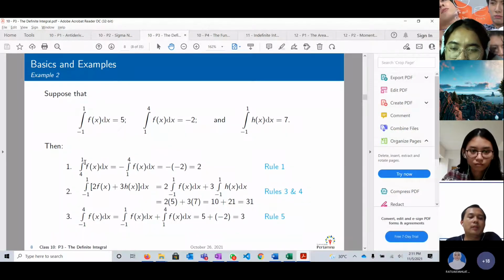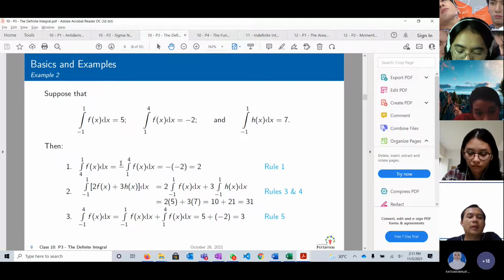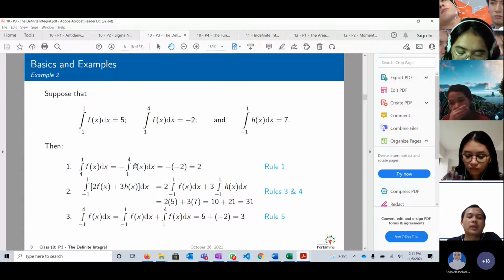We put the upper limit at the bottom and the lower limit at the top. So we now have minus the integral from 1 to 4 of f(x) dx. We know that the integral from 1 to 4 of f(x) dx is -2, so we can just substitute it.